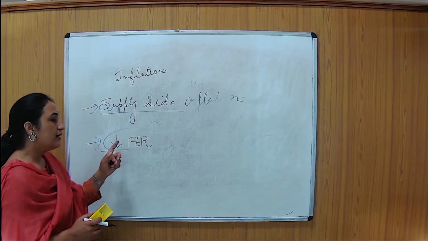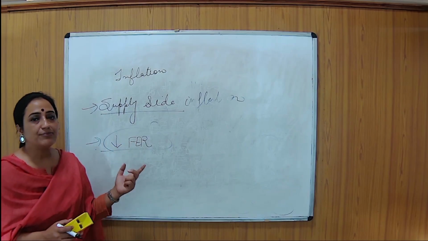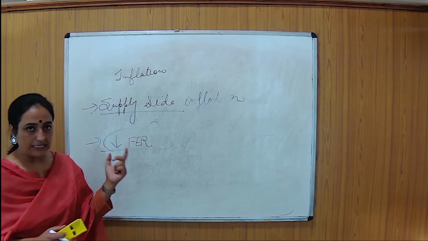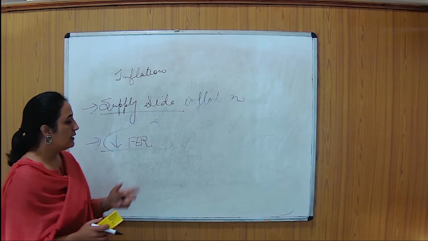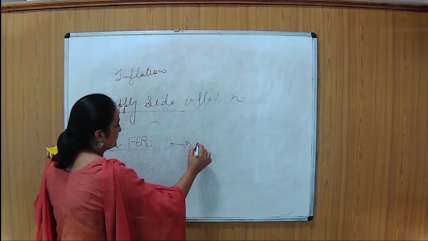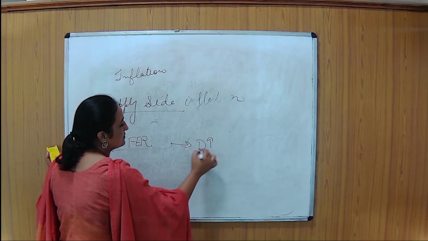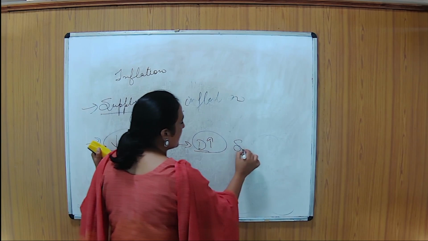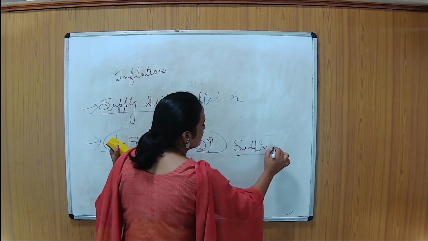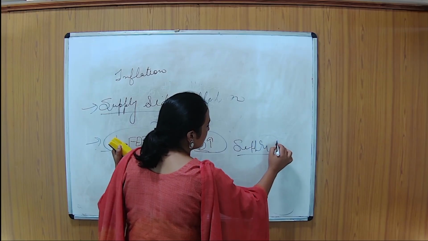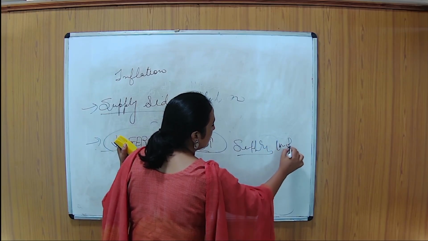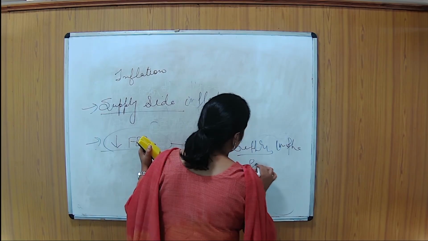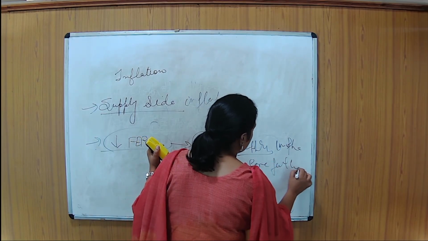Here we are discussing that the foreign exchange rate will decrease, then demand of the goods and services will increase, and supply we have already discussed, that is in the form of falling down.